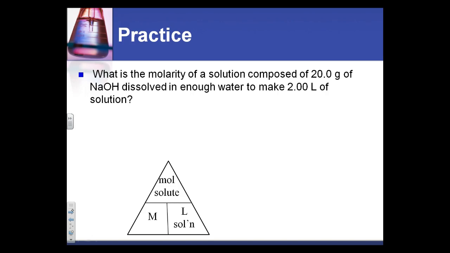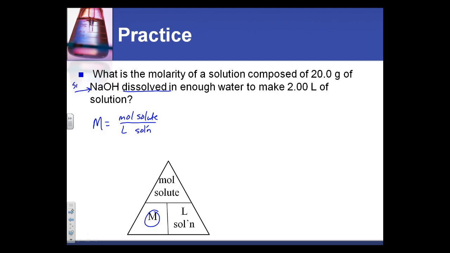So what is the molarity of a solution composed of 20 grams of sodium hydroxide dissolved in enough water to make 2 liters of solution? So I'm looking for my molarity, I cover that up. Molarity is going to be equal to moles of solute over liters of solution. Well, my solute in here is sodium hydroxide because it is dissolved in water, or enough water to make that 2 liters.